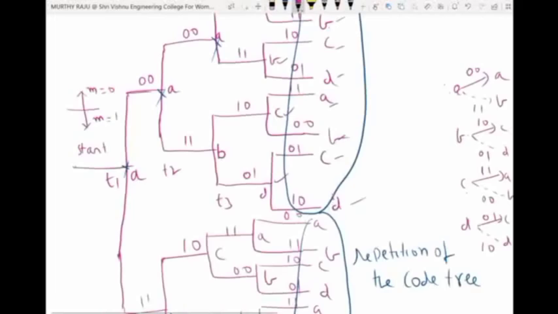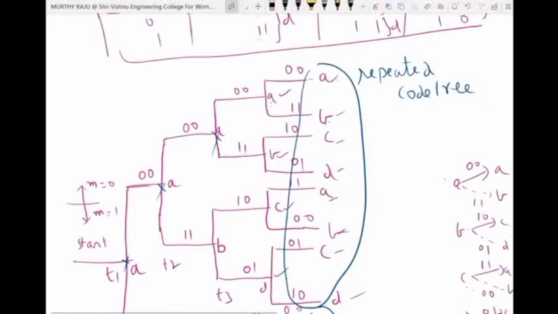Consider this repeat structure. A to A: A is the present state and goes to next state A with output 0 0. A is the current state and goes to the next state B with output 1 1. Here, in the downward direction the M value is 1, in the upward direction the M value is 0.